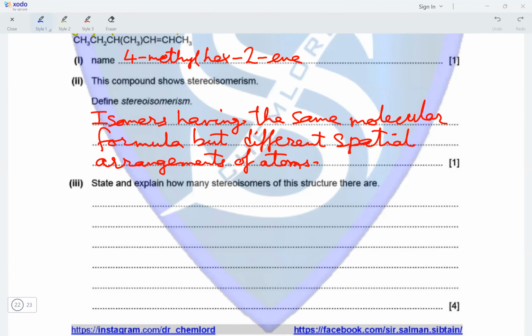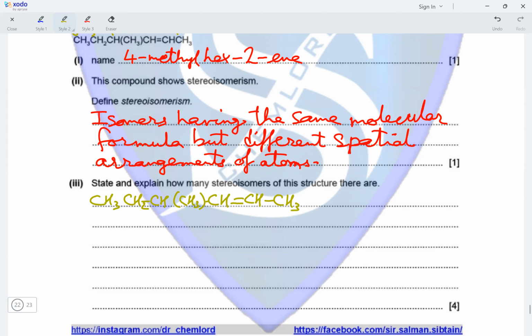State and explain how many stereoisomers of this structure there are. This structure is CH3, CH2, CH with a CH3 bonded to it, a CH double bonded to a CH and single bonded to a CH3.